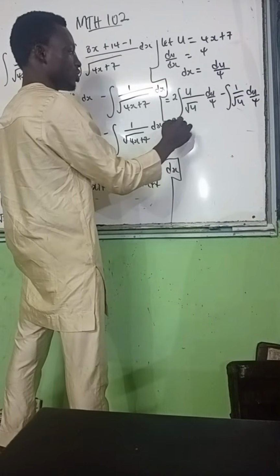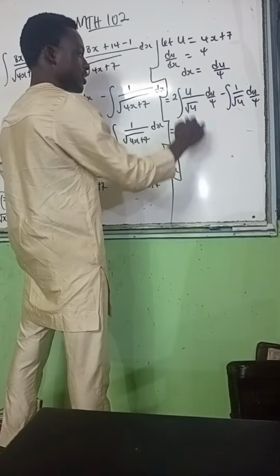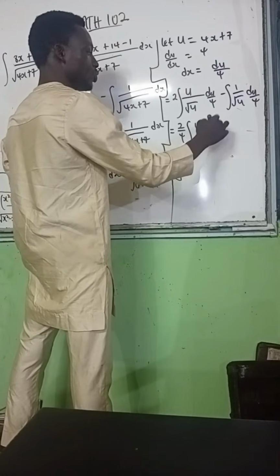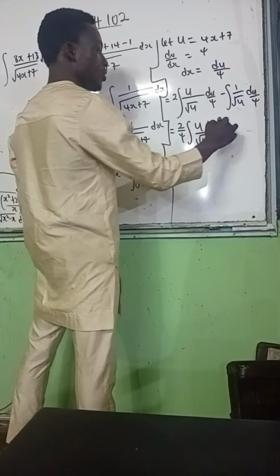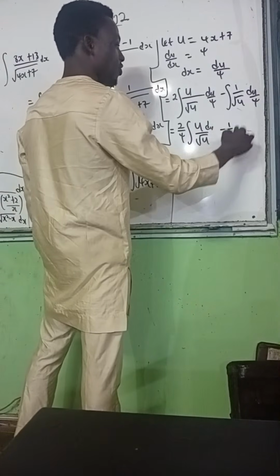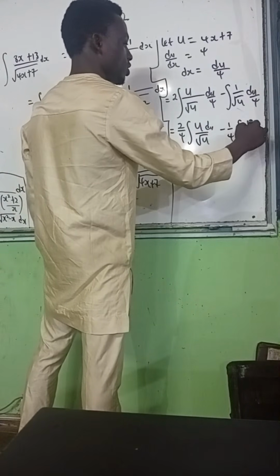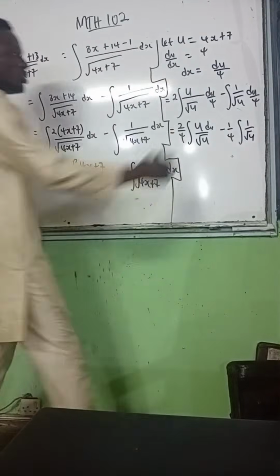So here we have 2 over 4, integral of u du over root u, minus 1 over 4 integral of 1 over root u du. Making sense?